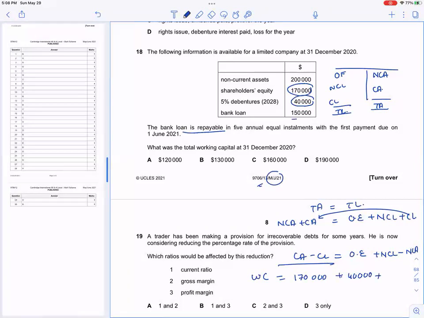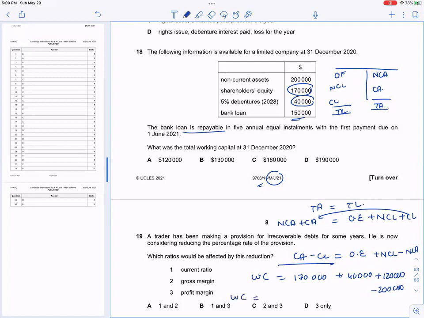Okay? And this bank loan of 150,000, how much are you going to pay back? I'm going to pay 30 in the current year, no? 30,000. So what is non-current liability? 120,000. What is non-current assets? 200,000. Are you with me?